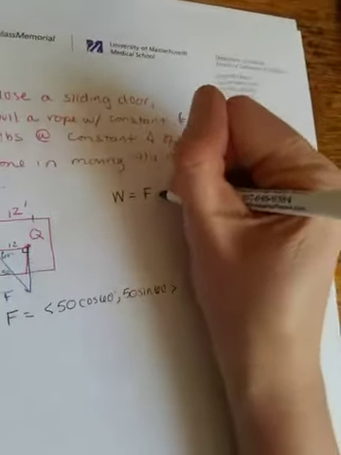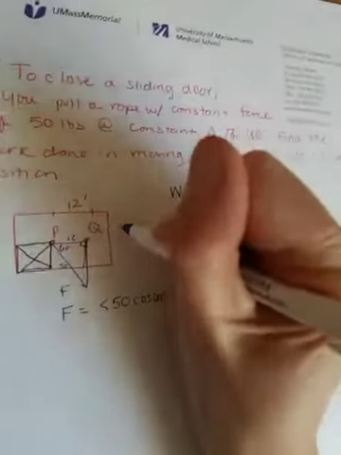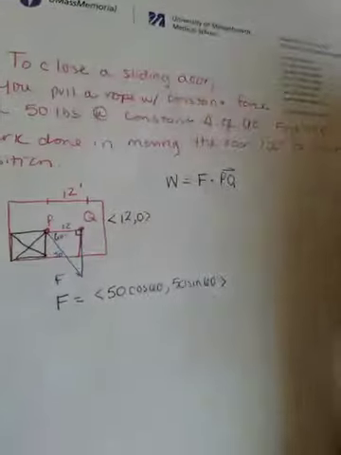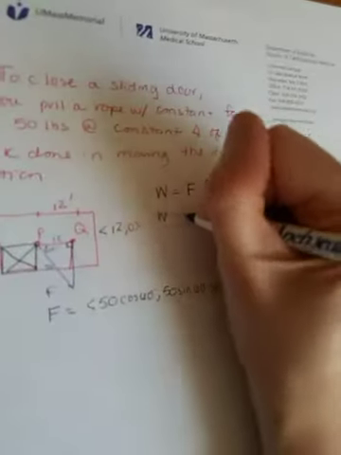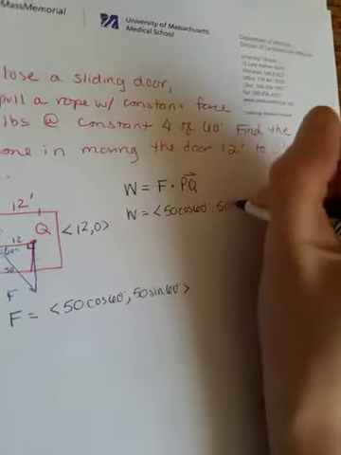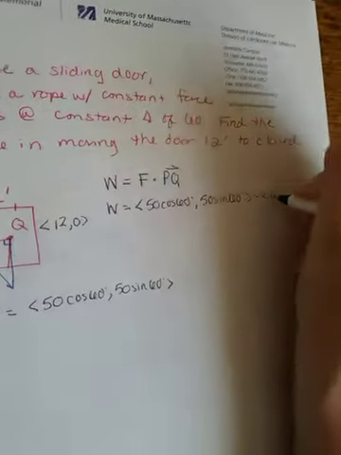Another way we can think about it is just F dotted with PQ. PQ I can think of as 12, 0, again, because we're moving it horizontally. So work, we can take 50 cosine of 60 degrees, 50 sine of 60 degrees, and dot that with 12, 0.